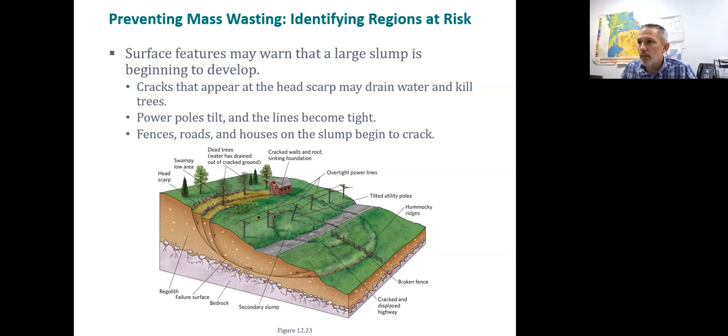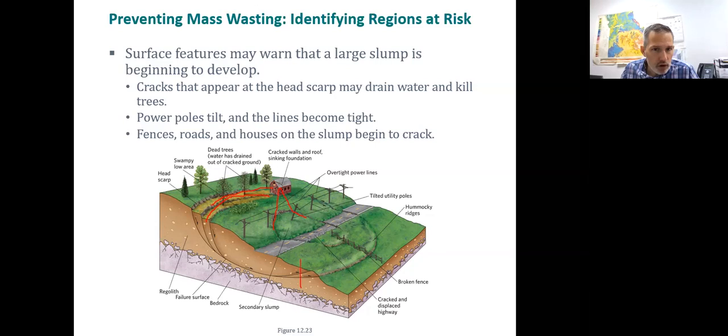We can see that some pools are starting to occur. This slump, crescent scars are starting to appear, and say, oh no, this area is going to be prone to mass wasting.